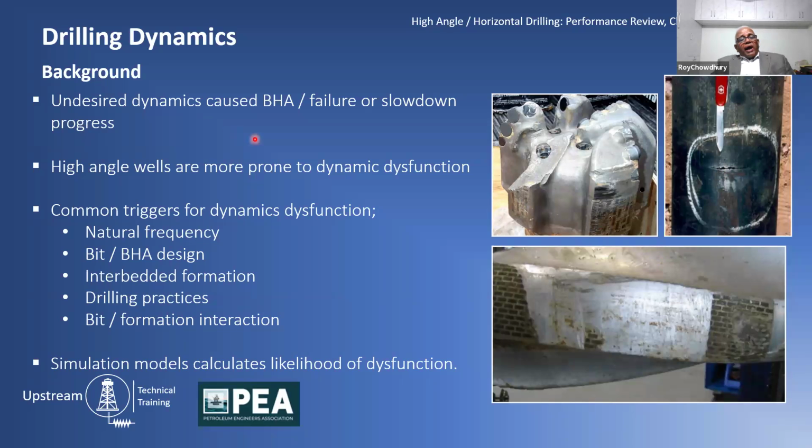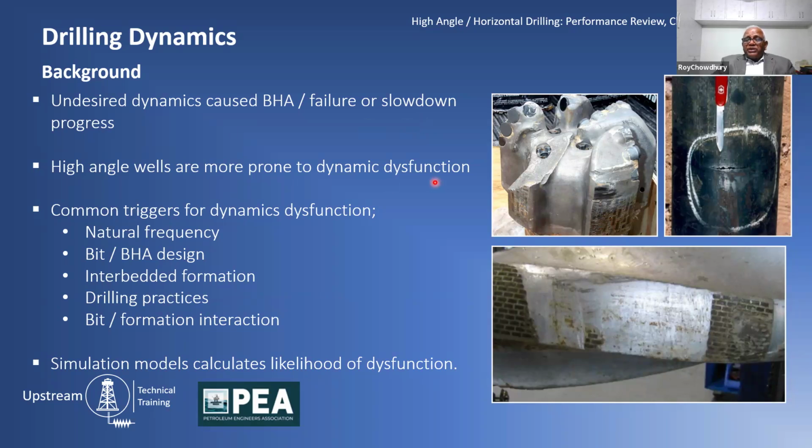So undesired BHA failure can really slow your progress down, and it could force you to trip in and out. And I have a case history towards the end of this section, which is a very good representation of this. And as I said, high angle wells are more prone to dynamics.